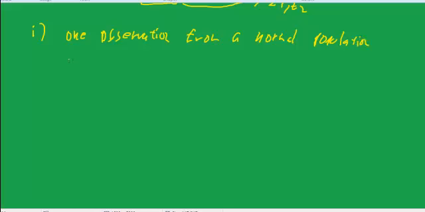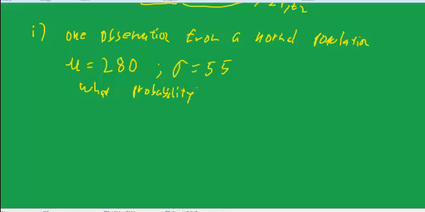So let's say that the Redskins average 280 yards a game on offense with a standard deviation of 55 yards, and we want to know the probability that in the next game they gain over 400 yards.